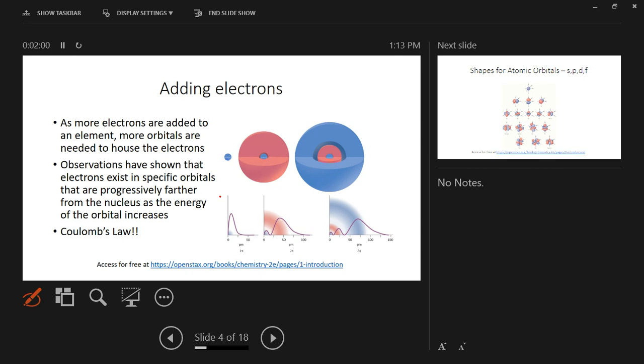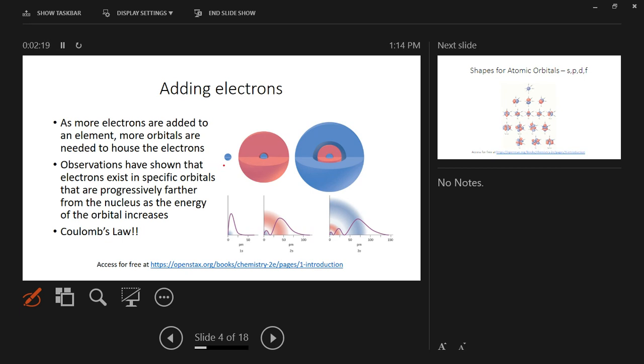And so when you're adding more electrons to an atom, to an element, those electrons have to go into additional orbitals that are farther away from the nucleus. This is a beautiful illustration down here that shows you the difference between a 1s orbital and a 2s orbital, right?